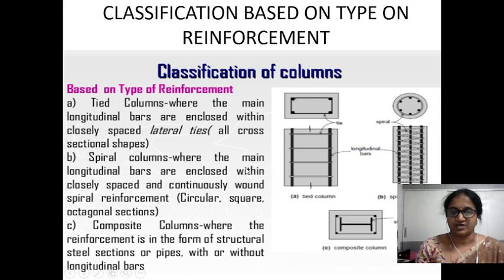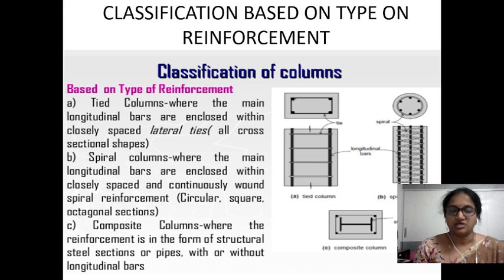Next is columns based on type of reinforcement. Based on the type of reinforcement, there are again three types: tied columns, spiral columns as well as composite columns. Coming to the tied columns, in this the main longitudinal bars are enclosed within closely spaced lateral ties across the section. The whole section is covered with the lateral ties.